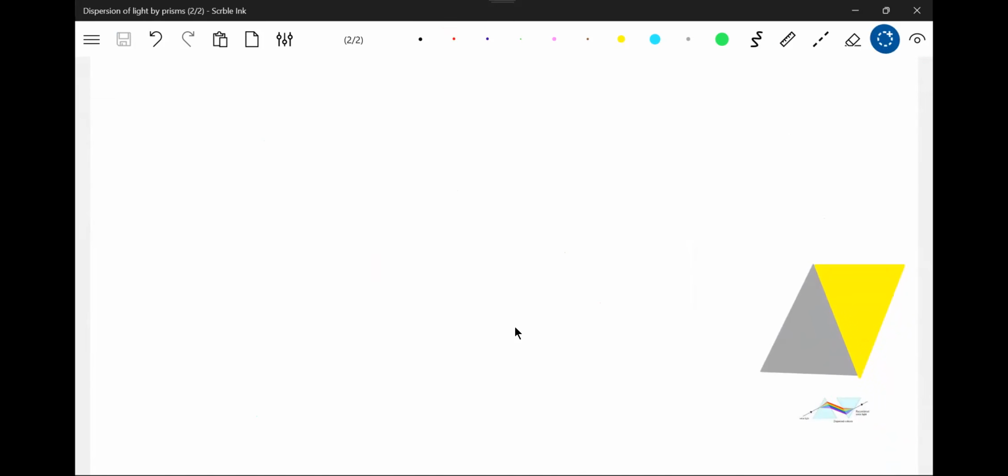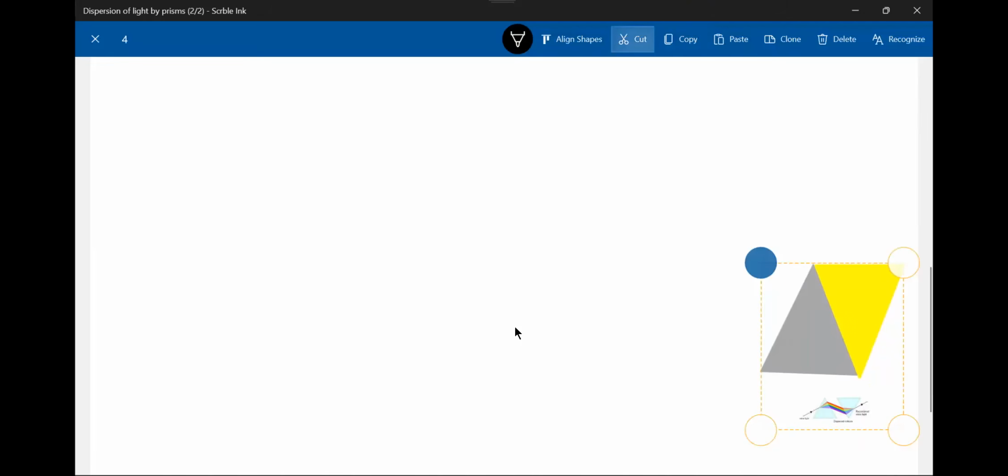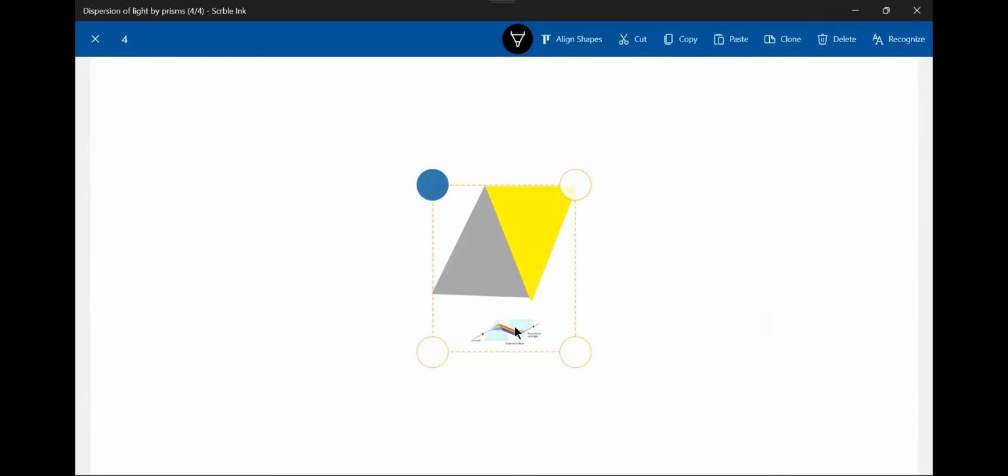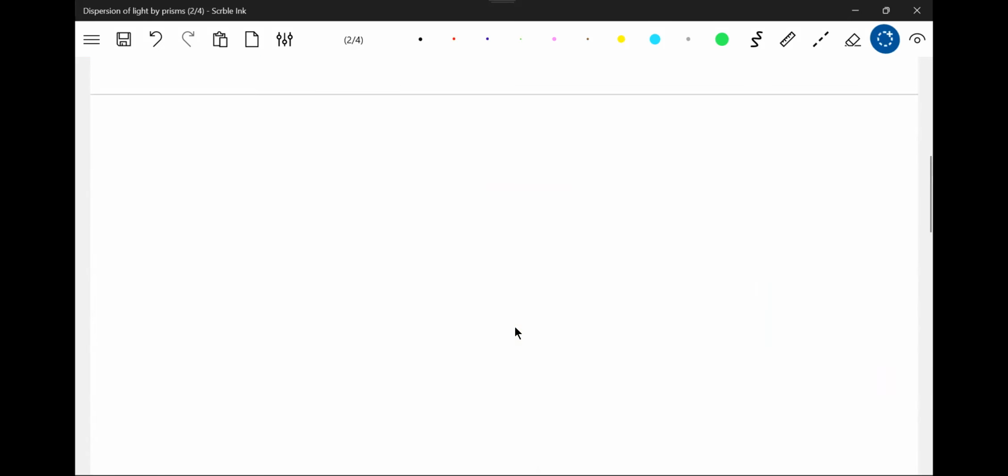I will move this diagram. We'll discuss now the dispersion. What do you mean by dispersion? Splitting up of light into its constituent colors is called dispersion of light. This is the basic definition.